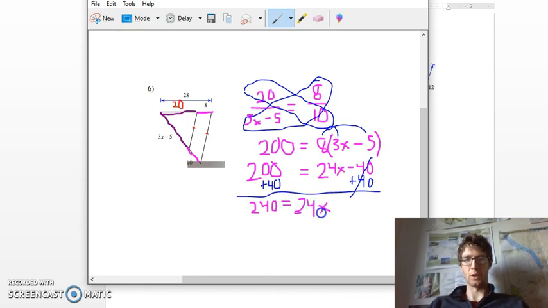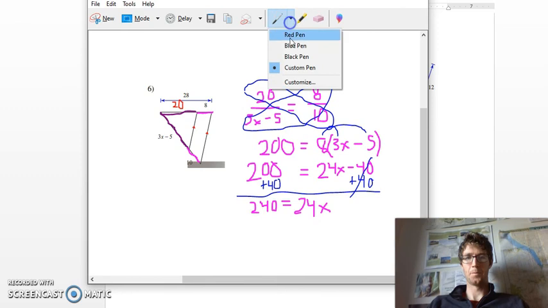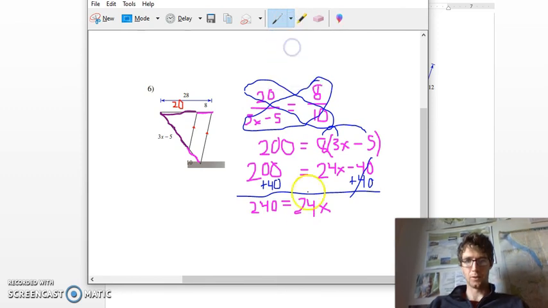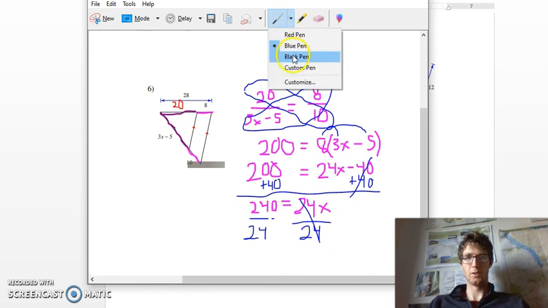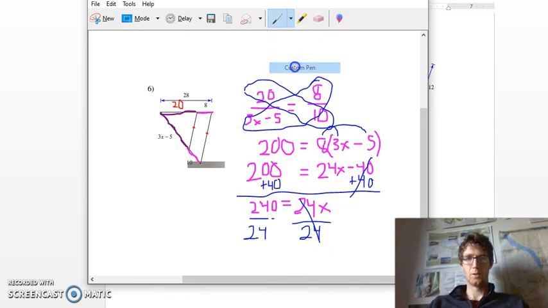Now what we got to do, we just got to divide both sides by 24. So divide by 24. Divide by 24. So that'll cancel, and then that'll just give you x is equal to 240 divided by 24 will just give you 10.